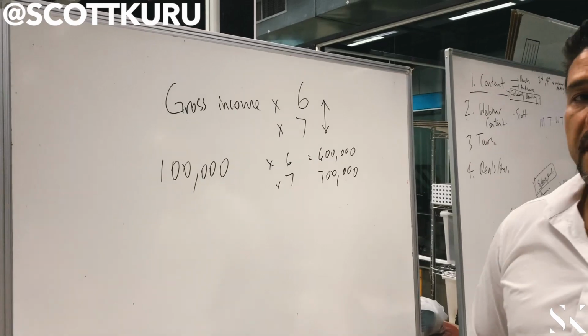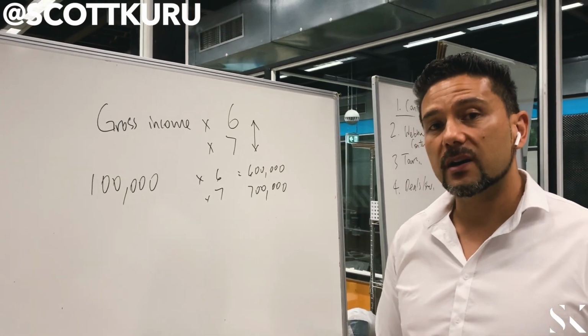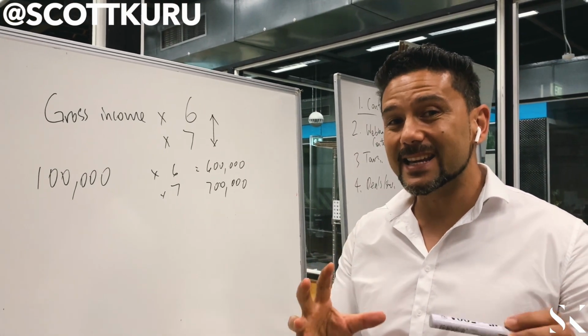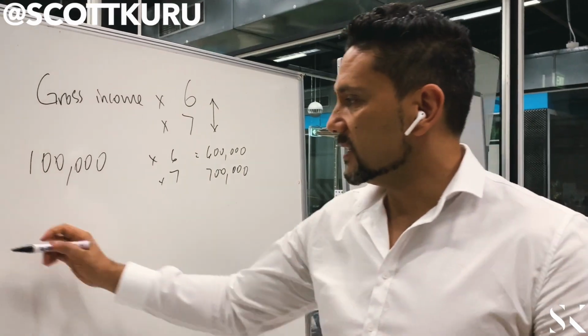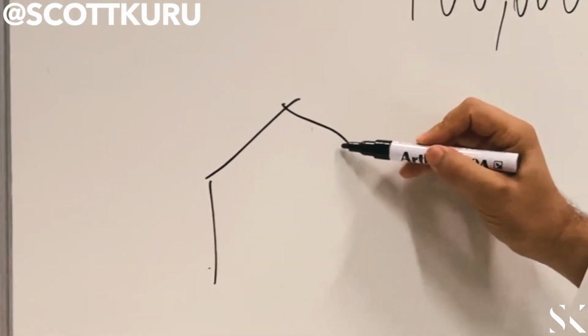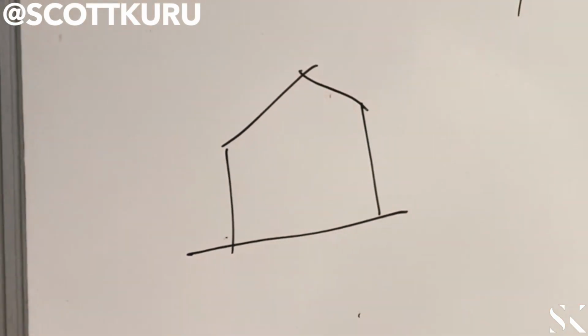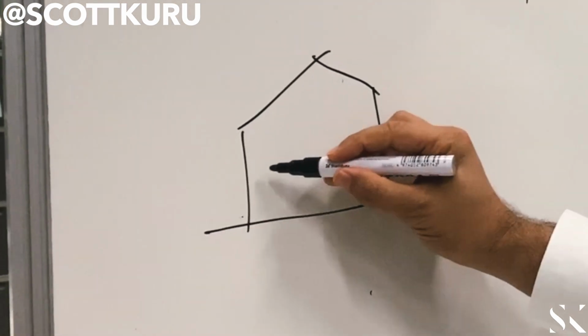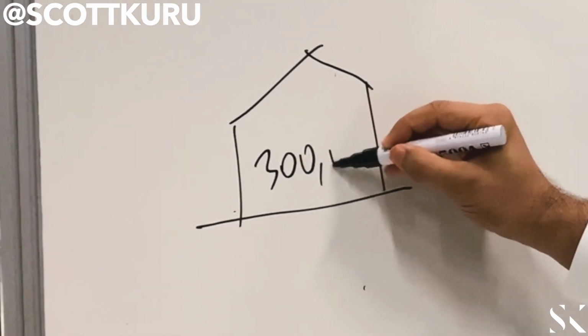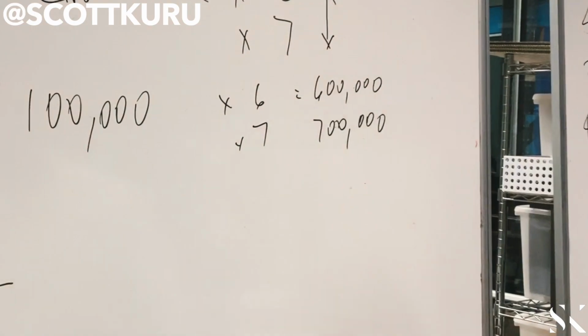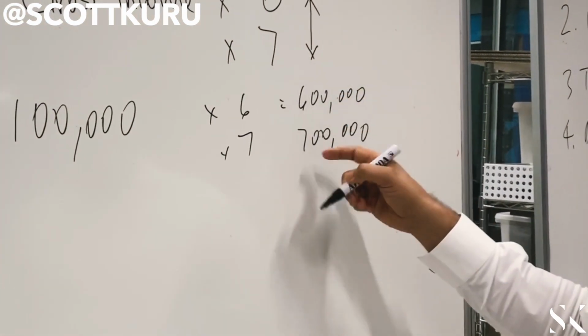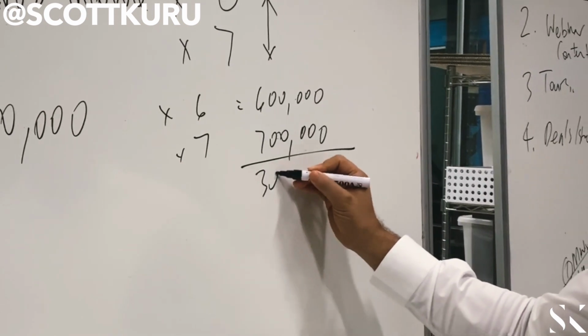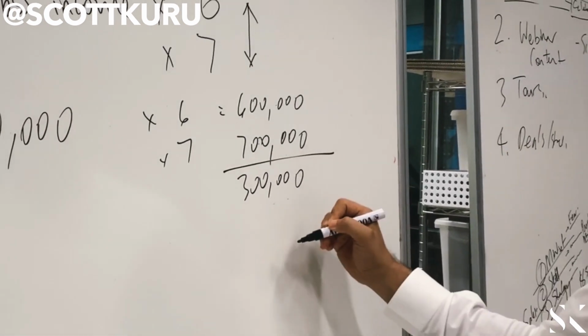Now that's gross income. However, what you have to do now is deduct any existing debt that you have. So let's say that you're living in your own property, and let's say that you've got a mortgage on this property of 300,000. Okay, so your borrowing capacity might be 600,000 to 700,000, but you've got existing debt of 300,000.